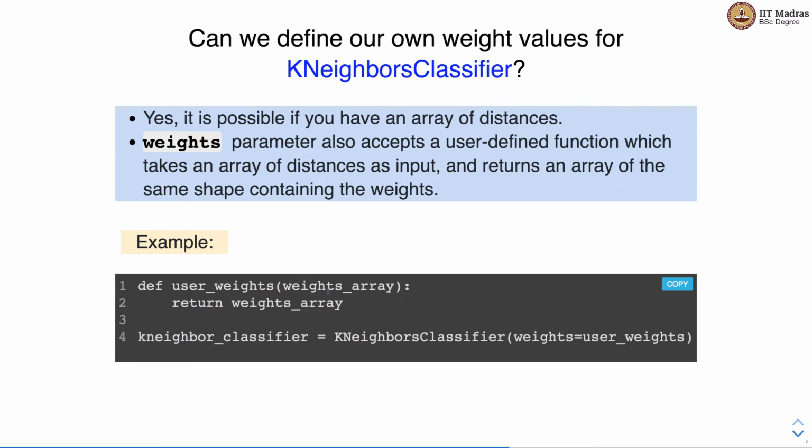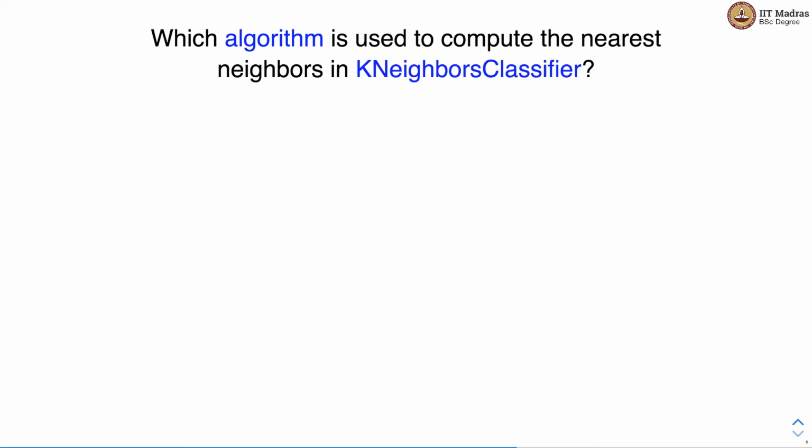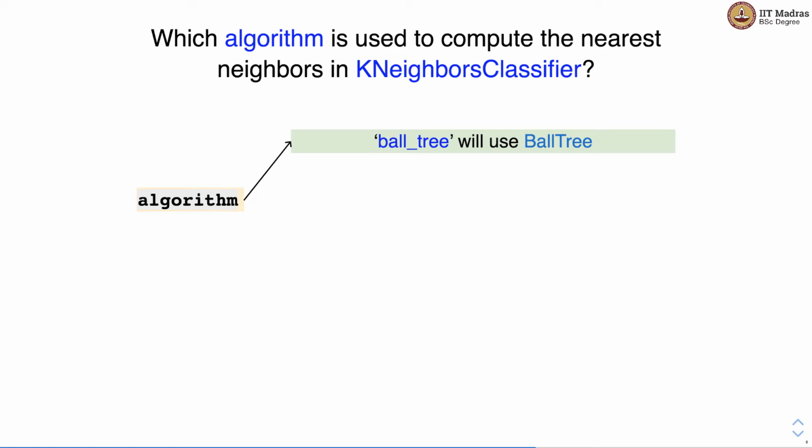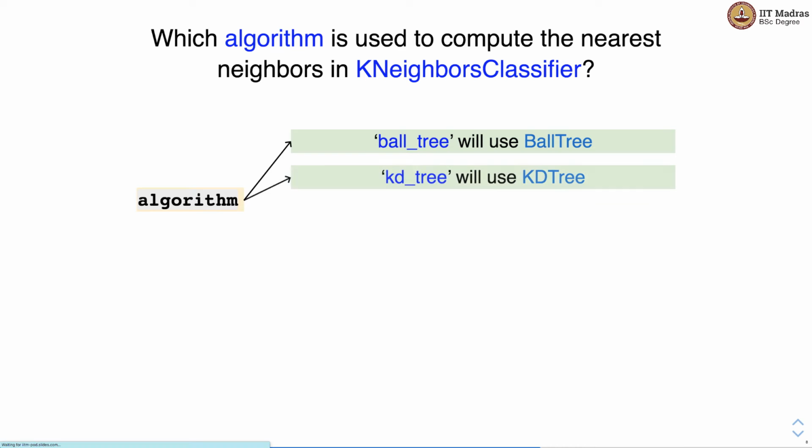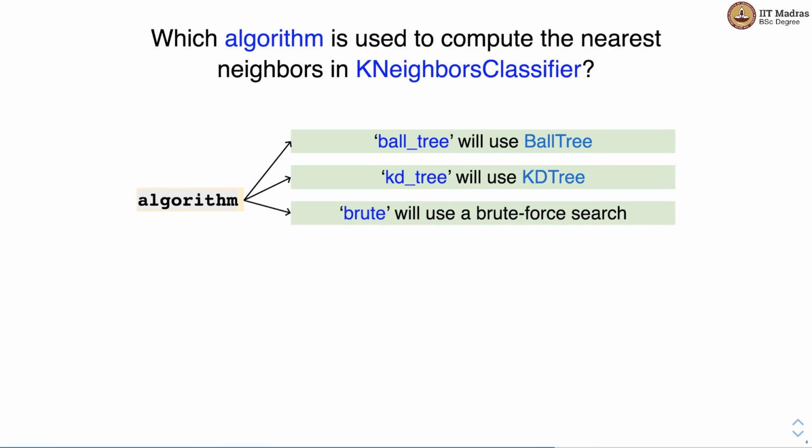So let's see which algorithms are available in sklearn to compute the nearest neighbor, because nearest neighbor computation is the most expensive operation in the KNeighbors Classifier. We can use algorithms like ball tree or KD tree, or we can use a brute force search.